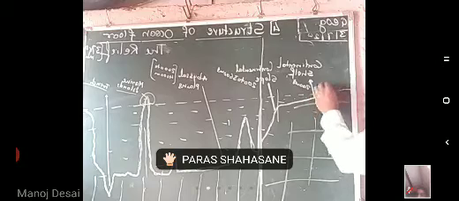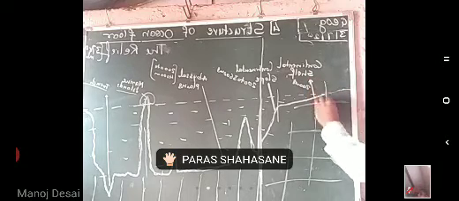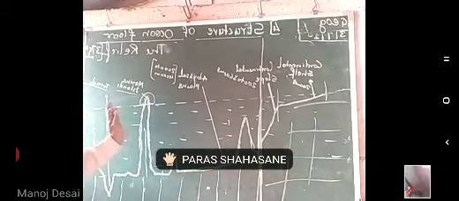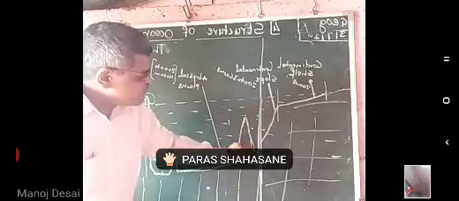Till here there is water, but this is the continental boundary. From here, this area is the oceanic boundary. So the end of the continental slope is the boundary of the continent.